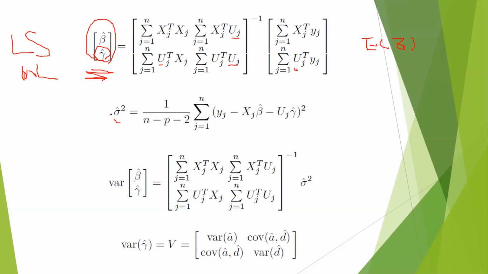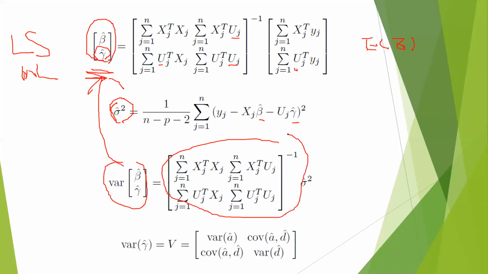Once we have the estimation for beta and gamma, we can estimate the variance of the residual error. Then that's easy, we can calculate the variance of this estimation. This is the thing we are interested in, because we don't worry about the environmental factors, the non-genetic part. We are only interested in the genetic part.